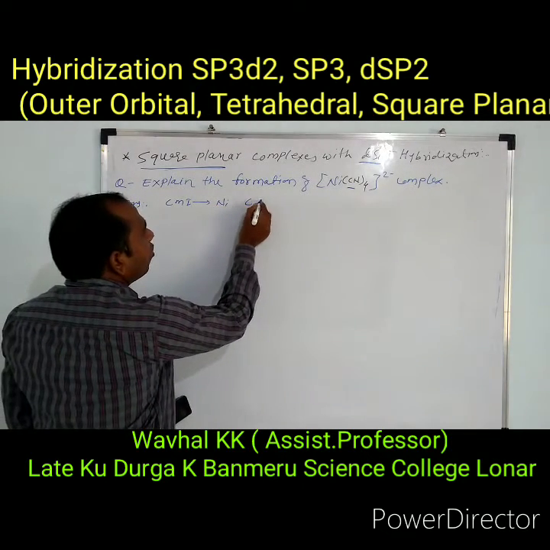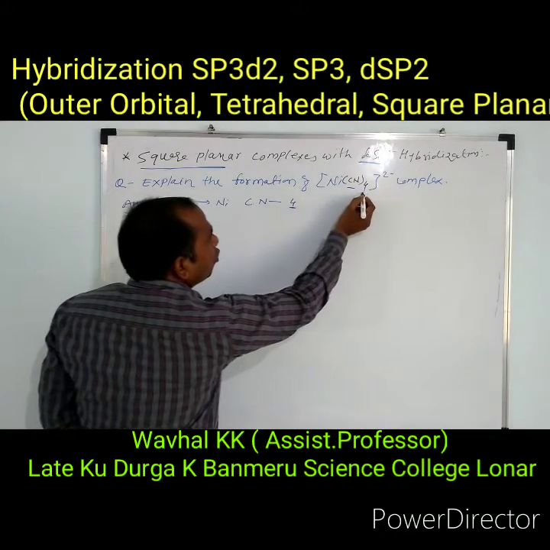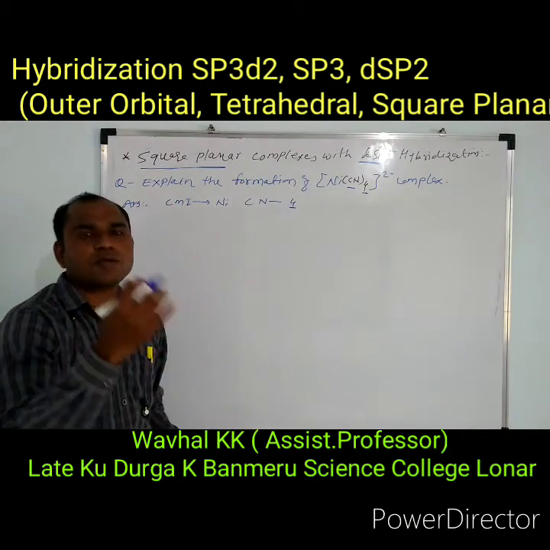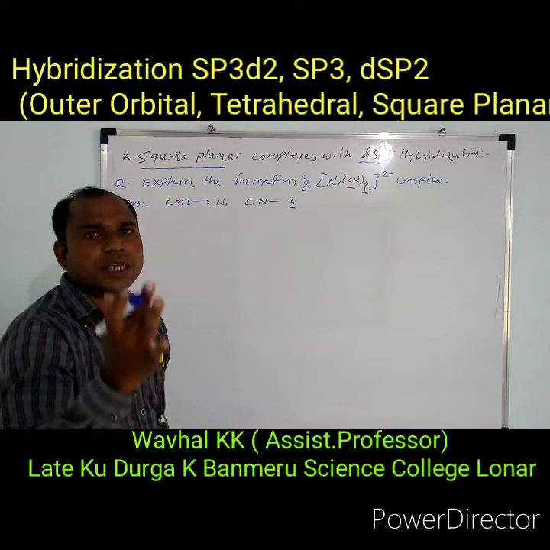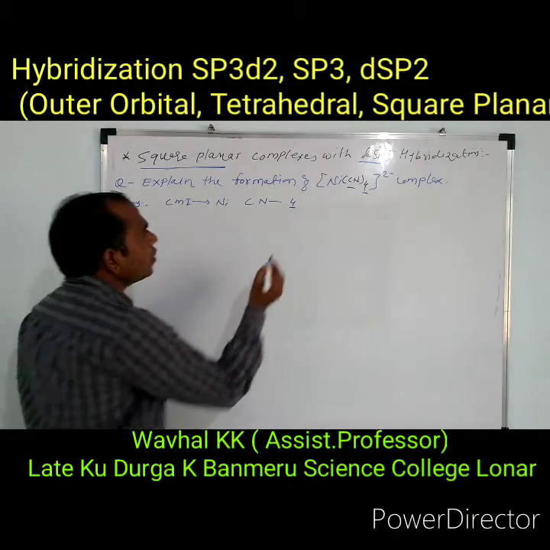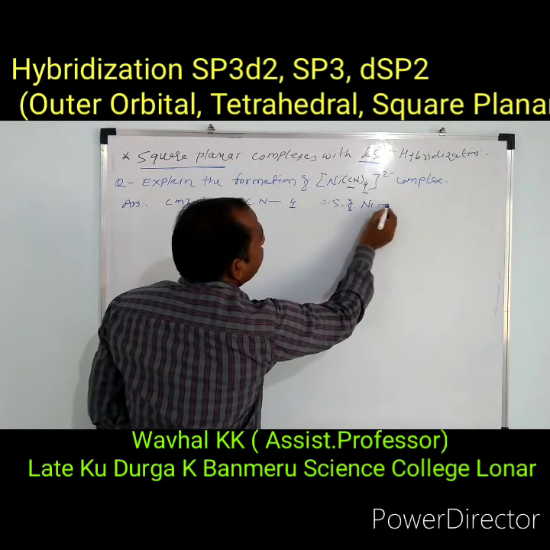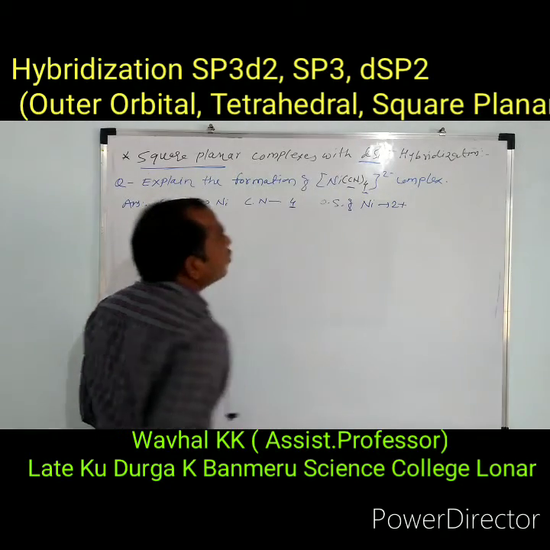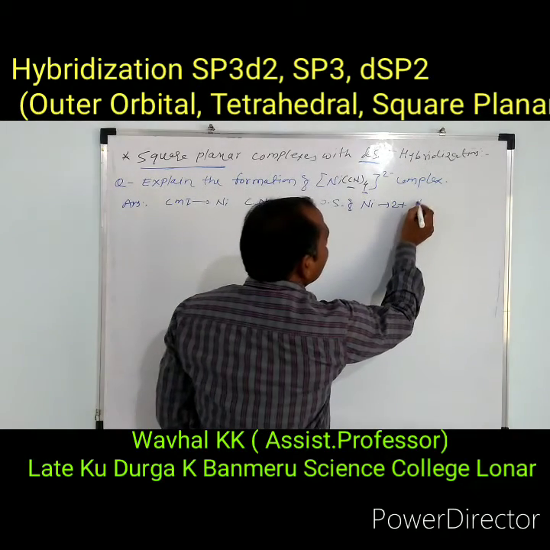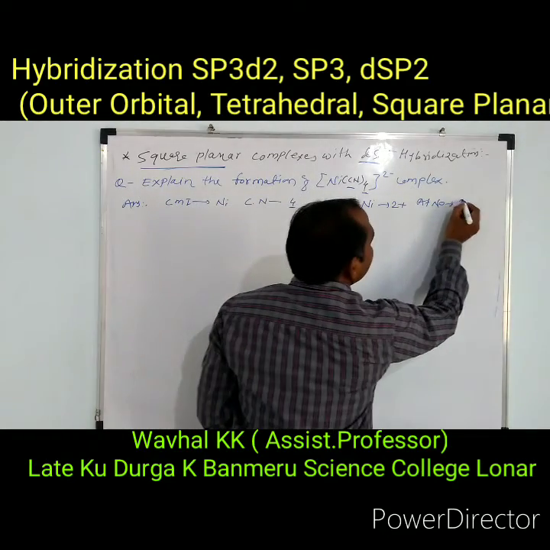The coordination number of nickel is 4, because 4 cyanide ligands are attached to the nickel atom. Then the oxidation state of Ni is +2, and the atomic number of Ni is 28.